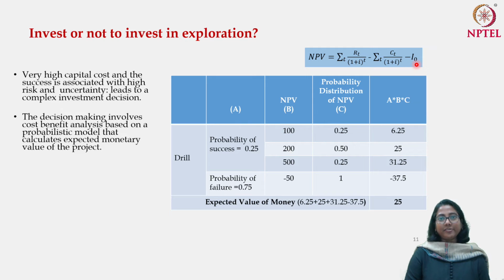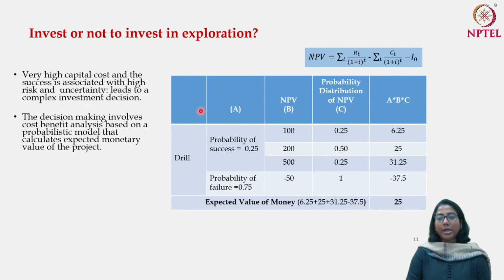And I is the investment, which is already in terms of present value. So this is the present value of the net revenue that you are generating during the lifetime of the project. This is the NPV, and we are going to make use of this concept, so it should be clear to you. Let us now have a look at this table.